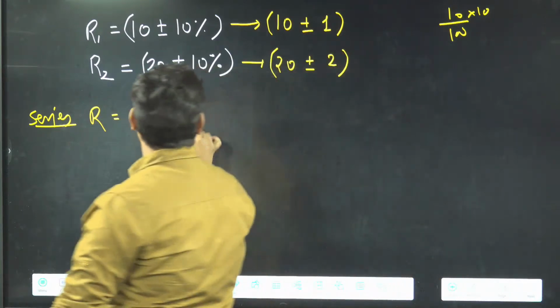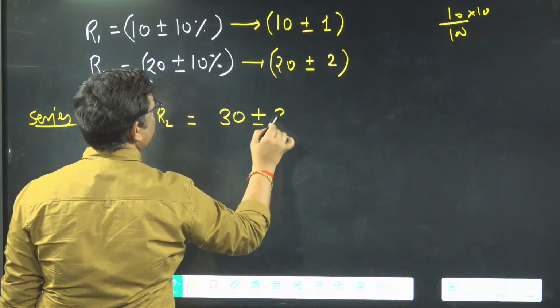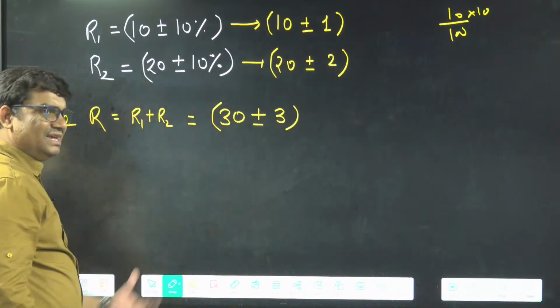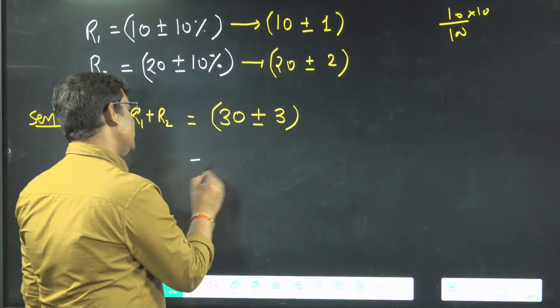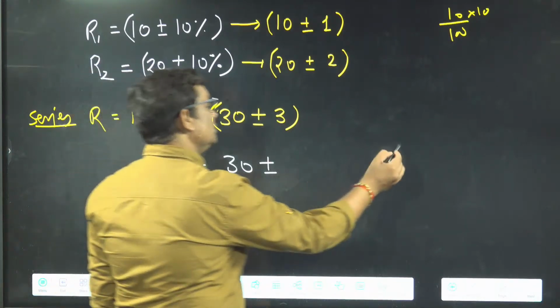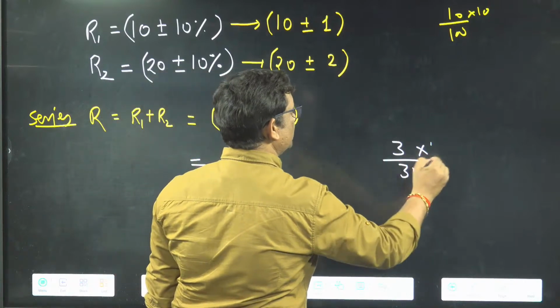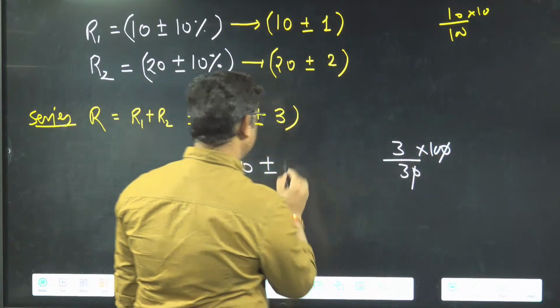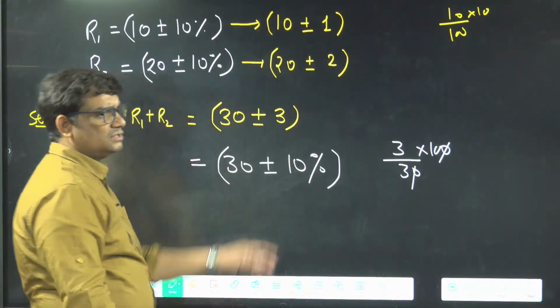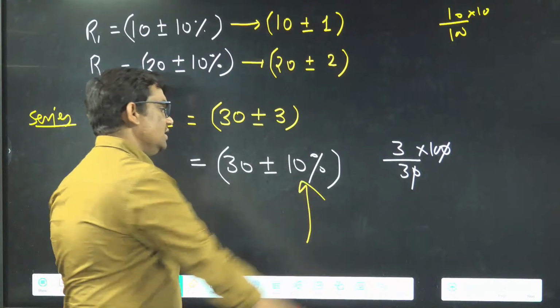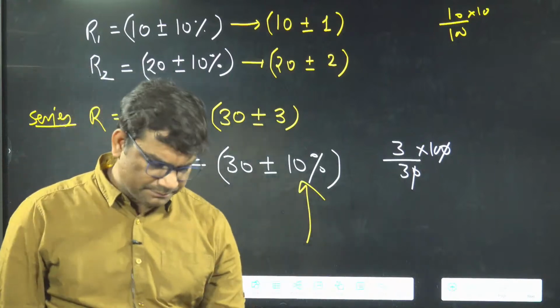So the answer will be 30 plus minus 3. But we need it in percentage, because the tolerance is given in percentage. So we write 30 plus minus 3 by 30 into 100, which is 10%. I hope that is clear. This is the answer. Can we go for the next question?